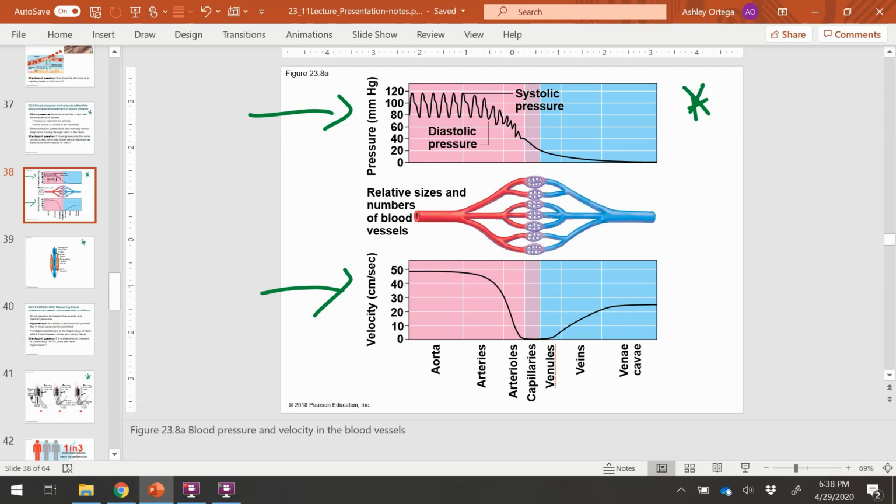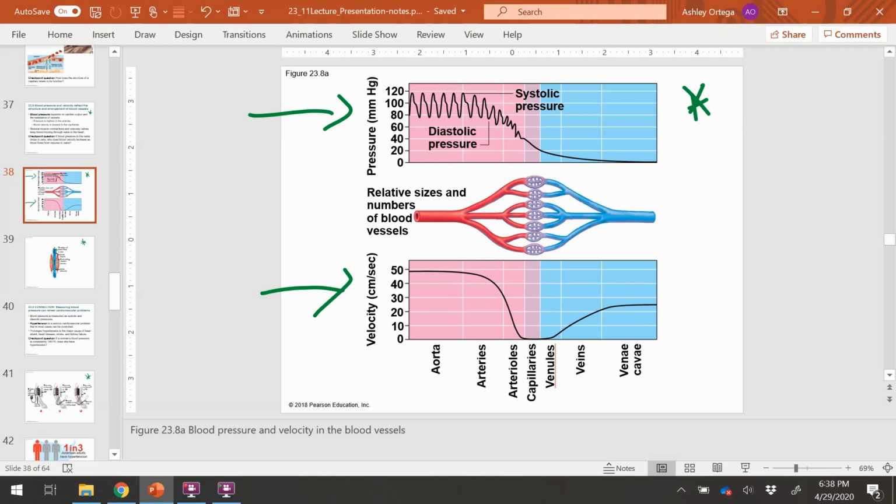As it enters the venules, which will then lead to veins, and then from veins to the vena cavae, the systolic pressure continues to decrease as it's been a long time since it's been pumped by the heart, and so that pressure is pretty much non-existent, whereas the velocity does return through the veins in the vena cavae.